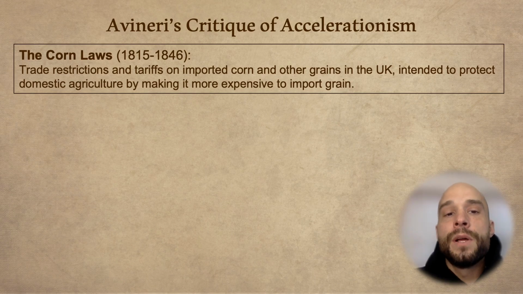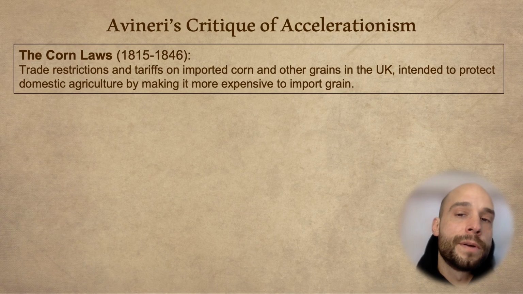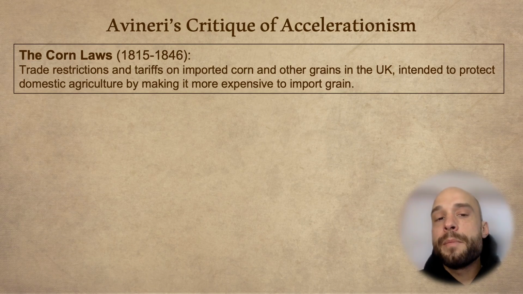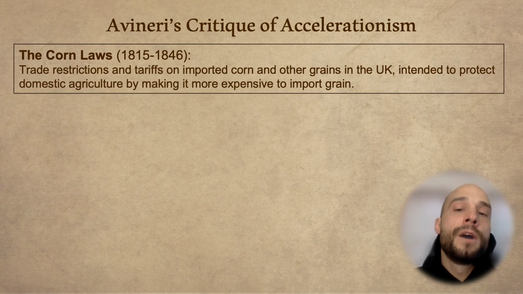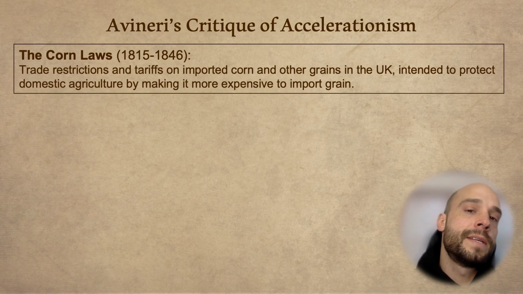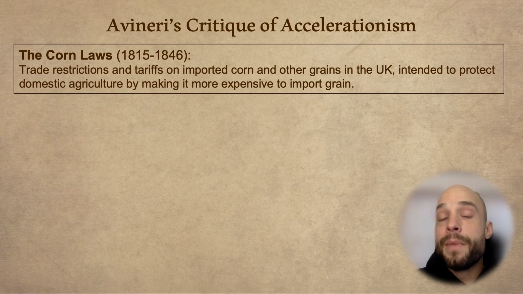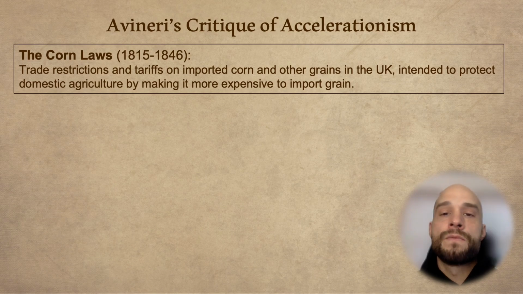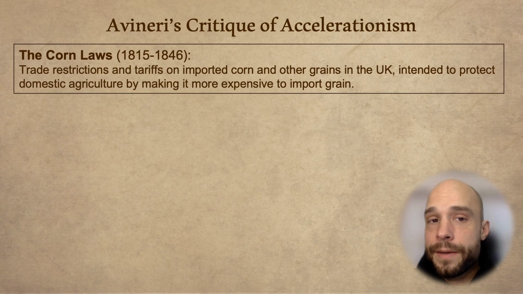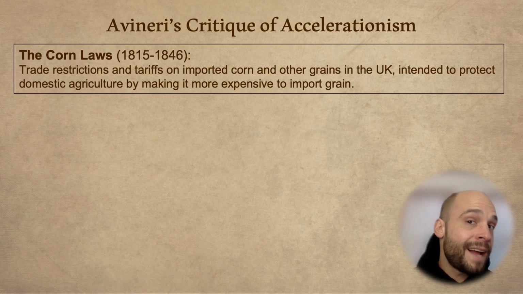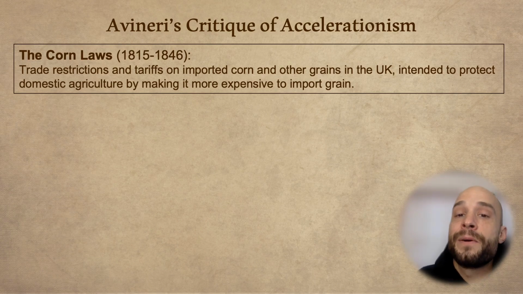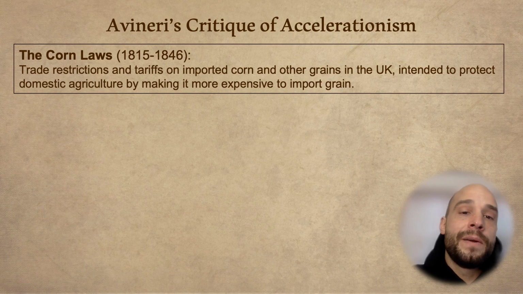Their repeal lowered food prices, which appeared to benefit workers, but Marx argued that capitalists would soon claw back those gains by lowering wages towards subsistence. For that reason, many socialists opposed repeal as a bourgeois trick. Marx agreed with the analysis, but still welcomed the repeal, and Avineri explains why.